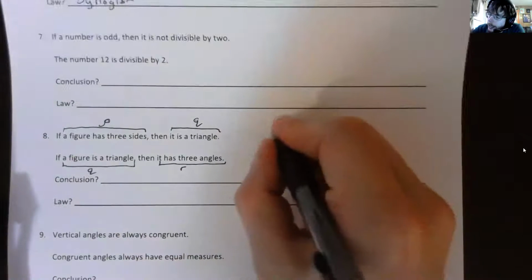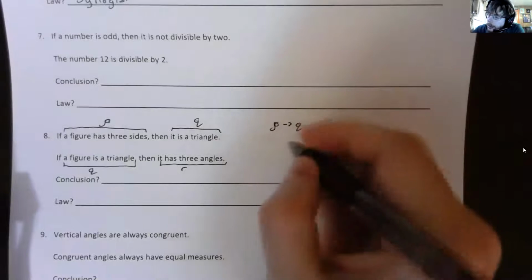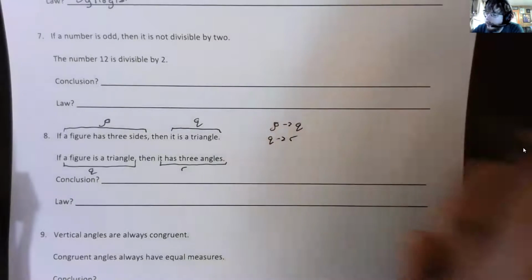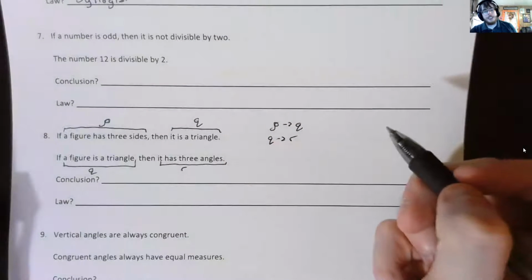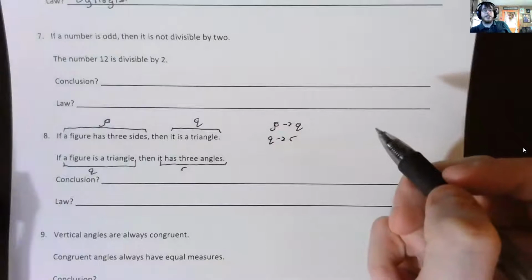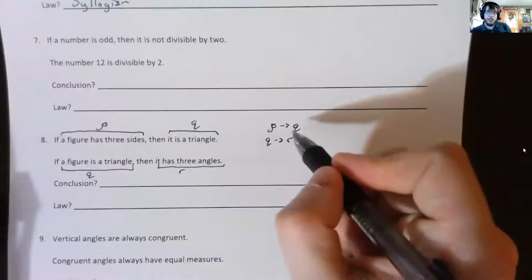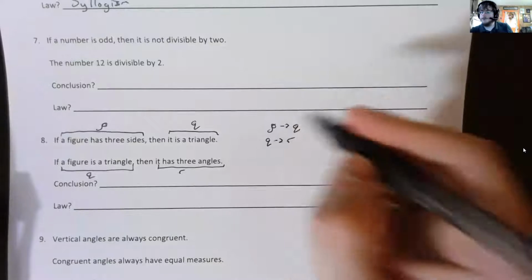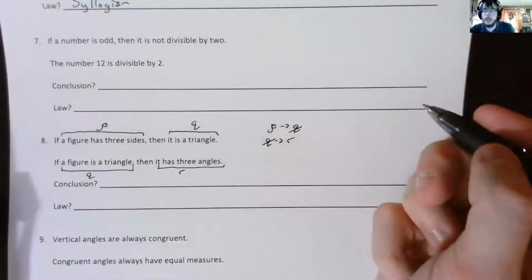So we have P implies Q. Q implies R. You have 2 if-then statements. So you're looking to see if the diagonals match. And in this case, you see that the Q's match. So they mark out.